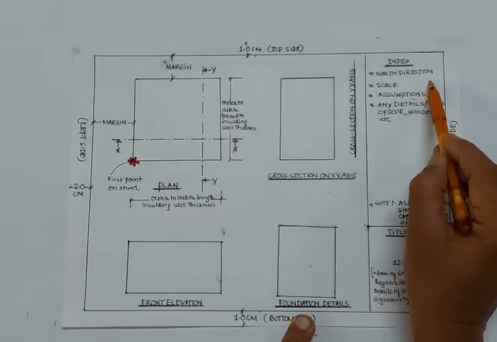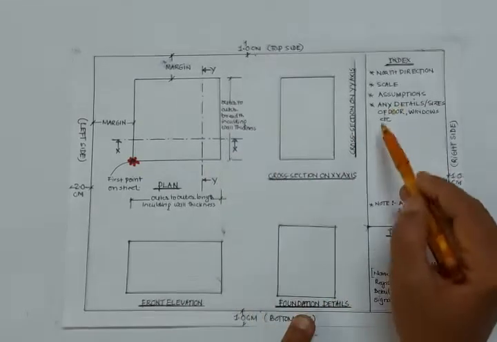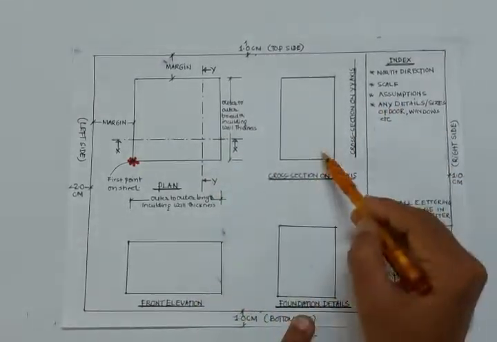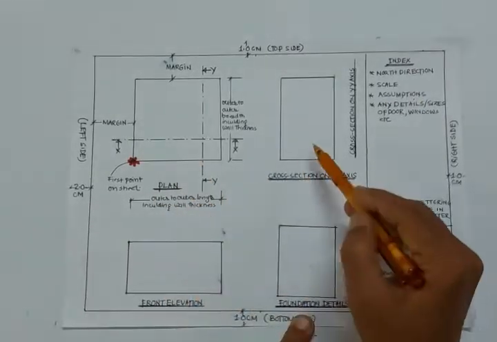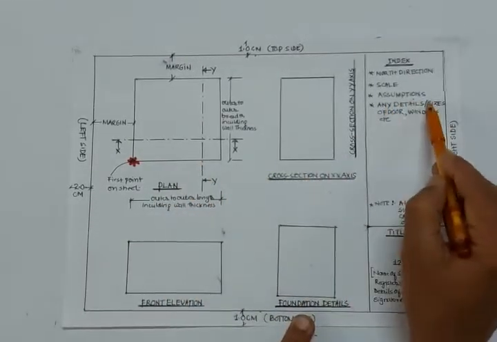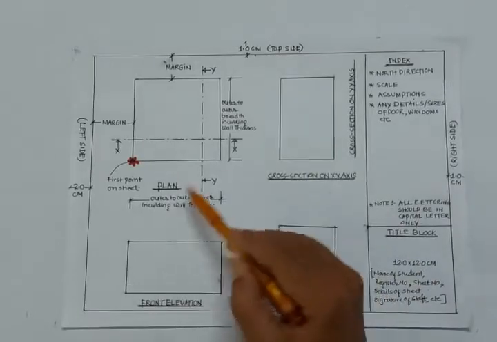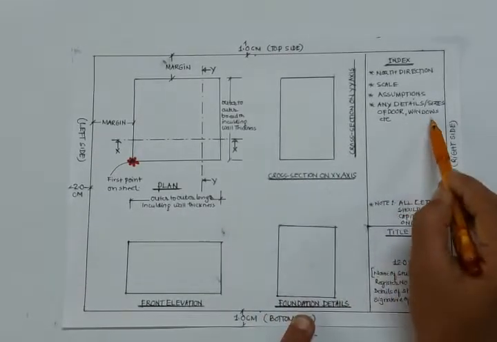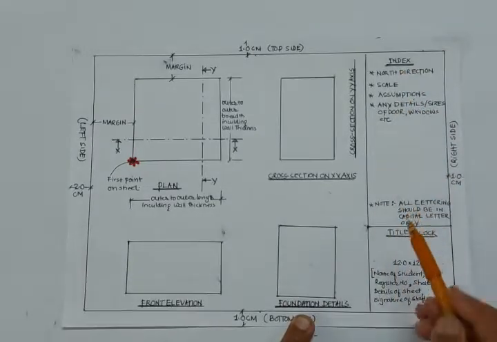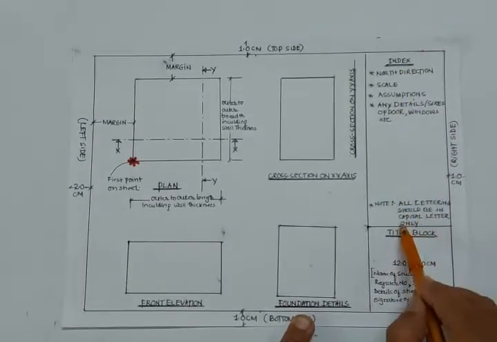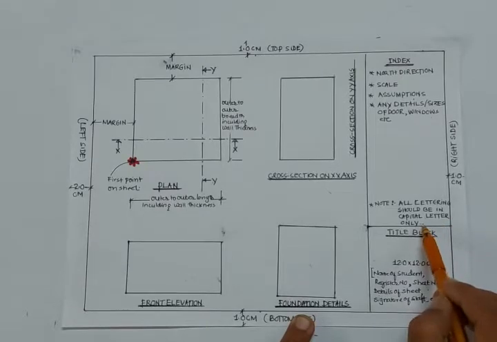You have to draw the north direction and write the scale you consider for the plan, elevation and cross section. Any assumptions in the plan, elevation and cross sections, any foundation details, and the sizes of doors and windows etc. you have to write in the index column, and all dimensions should be in capital letters in meters only.